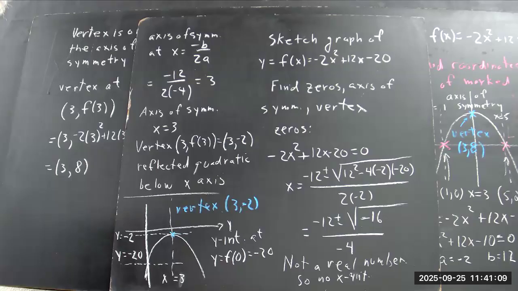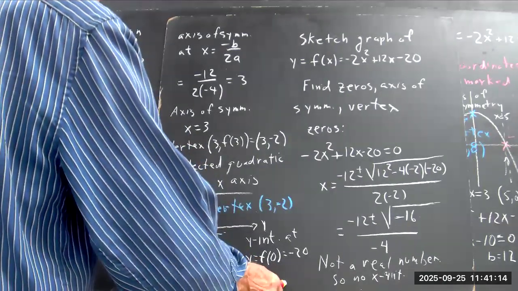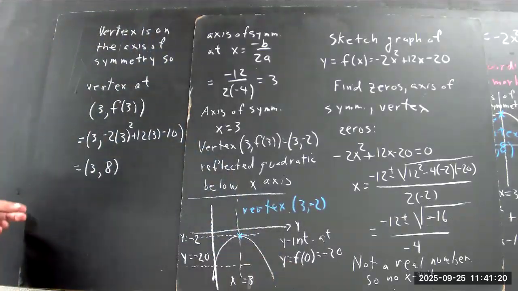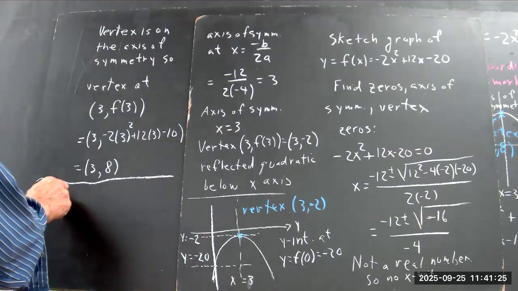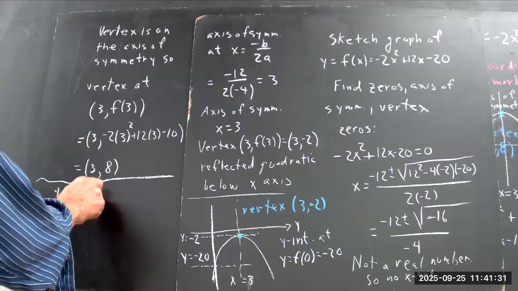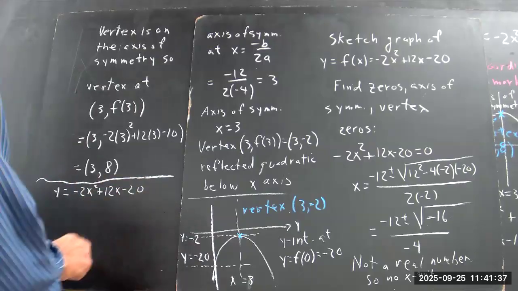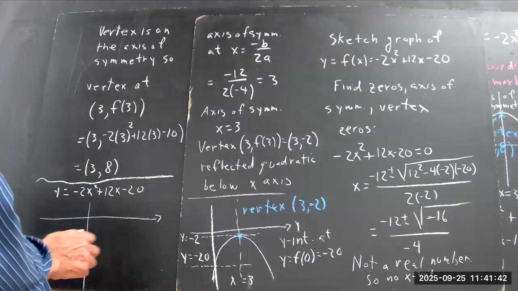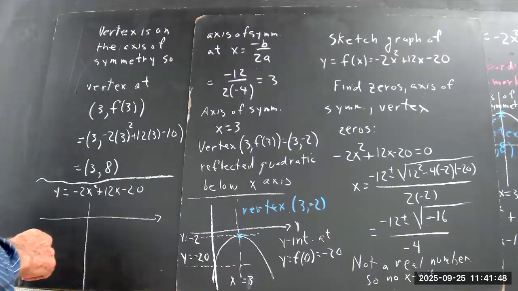I can draw a better graph. I'll draw one over here. This one. Okay, so x-axis up here pretty high like I did here because I know that the graph is going to be below the x-axis.